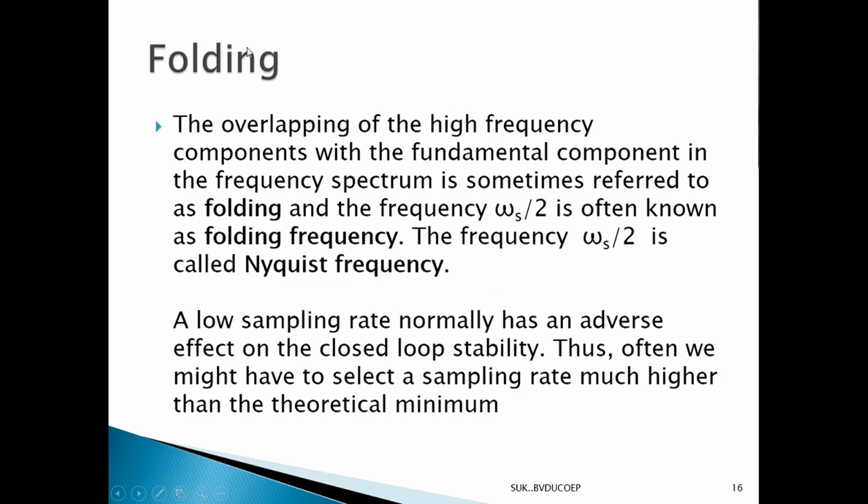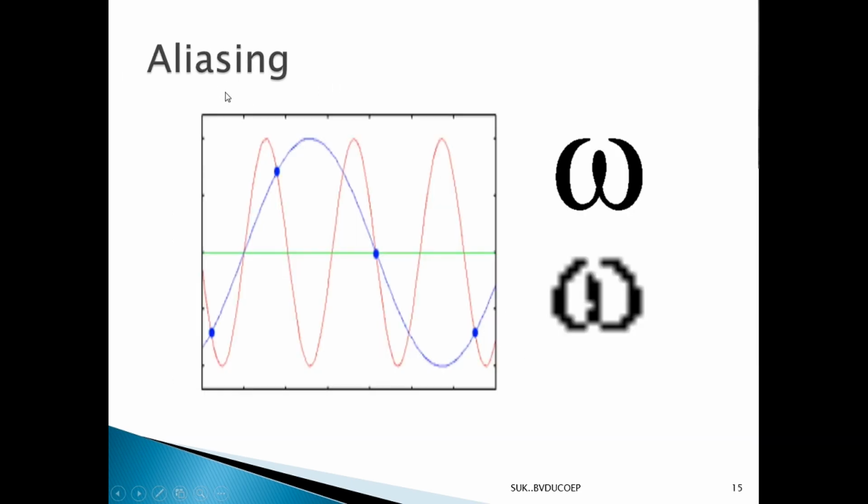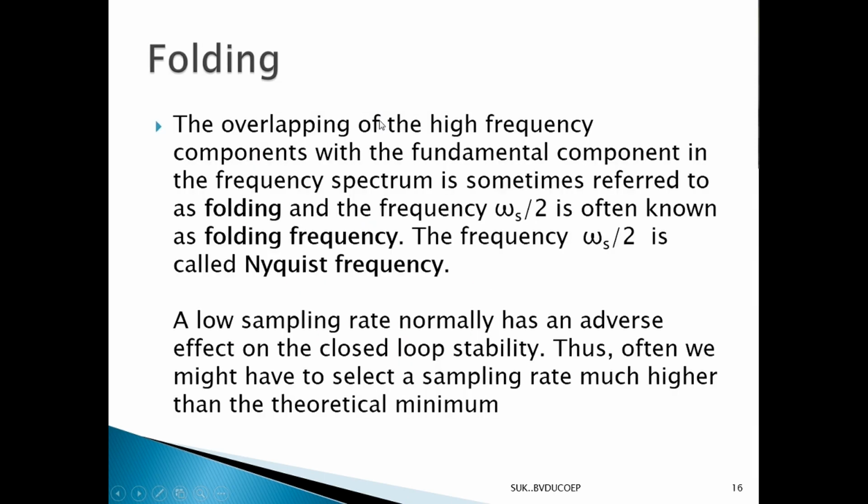Now one more effect is observed, that is the folding effect. What is folding? Earlier, aliasing was observed when the sampling frequency is less than the signal frequency. Folding is observed when the sampling frequency is not correct.